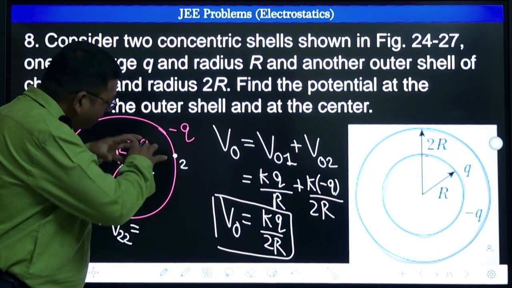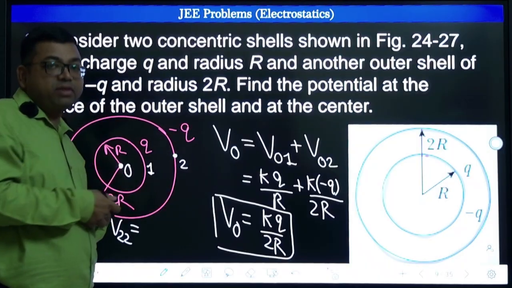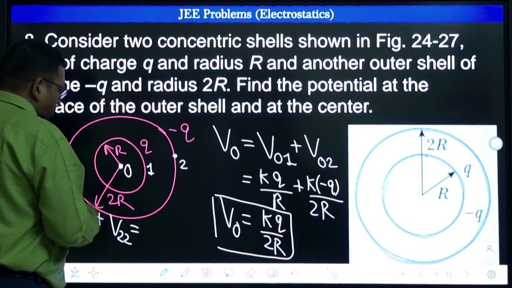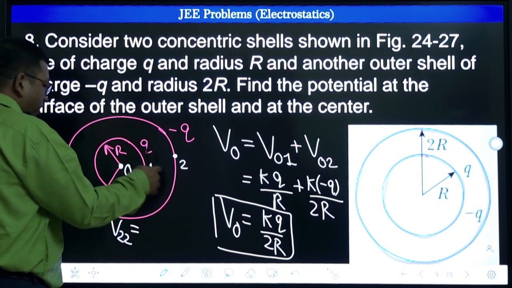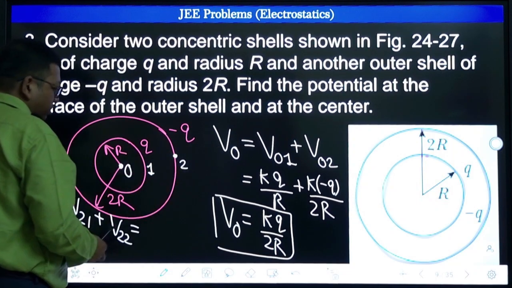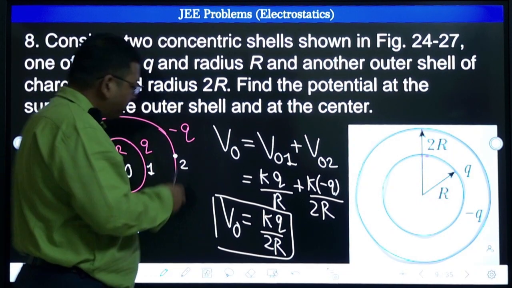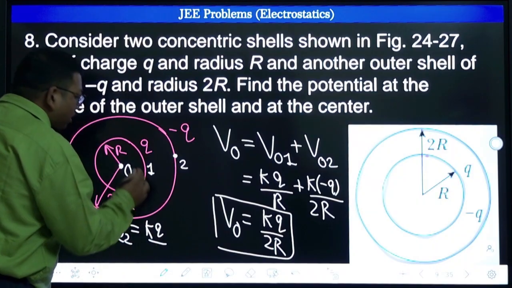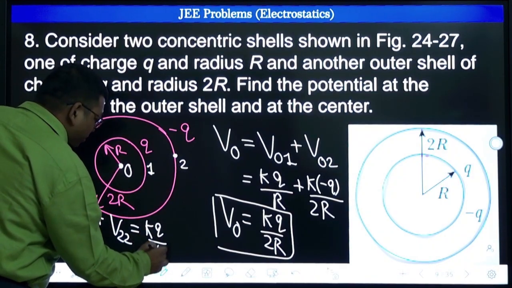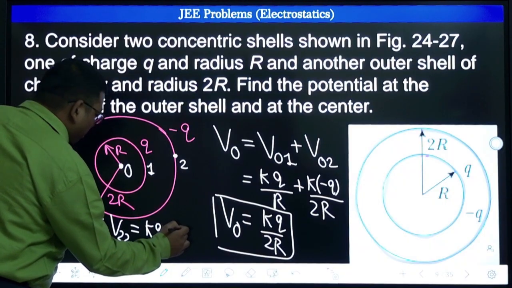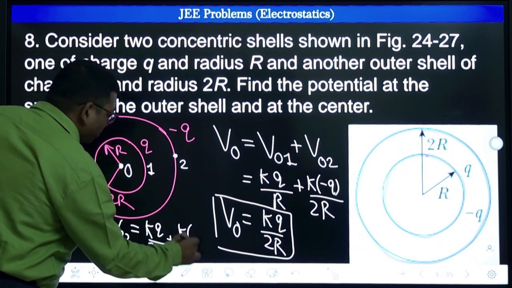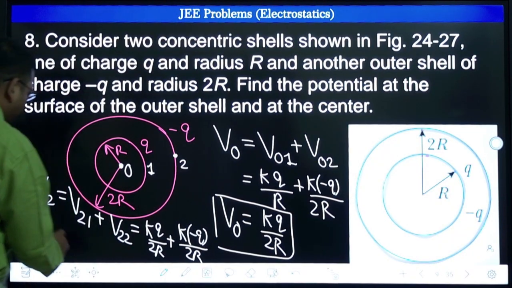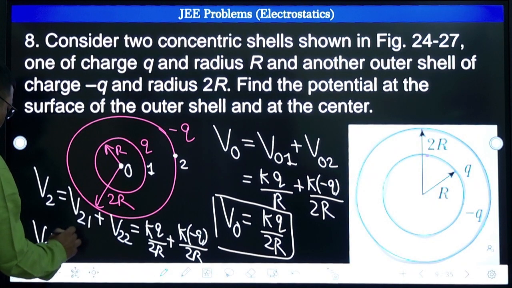On the surface of a spherical cell, its own contribution is k times minus q by 2R. Due to 1, point 2 is an outside point, so kq by the radius, which is 2R, plus k times the charge minus q by the radius 2R. This is going to cancel out, and the potential at point 2 is going to be 0.